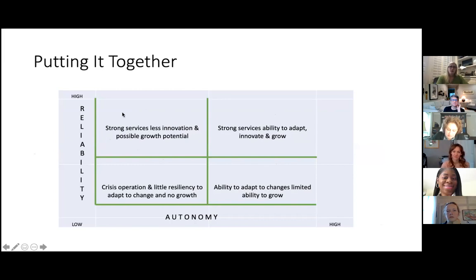In this top level over here, we have a highly reliable source that has a little bit lower autonomy, on the reliable, autonomy axes, high, low. And the attribute of that is that it's a strong service. It's probably less innovative, and there's probably less growth potential over there.